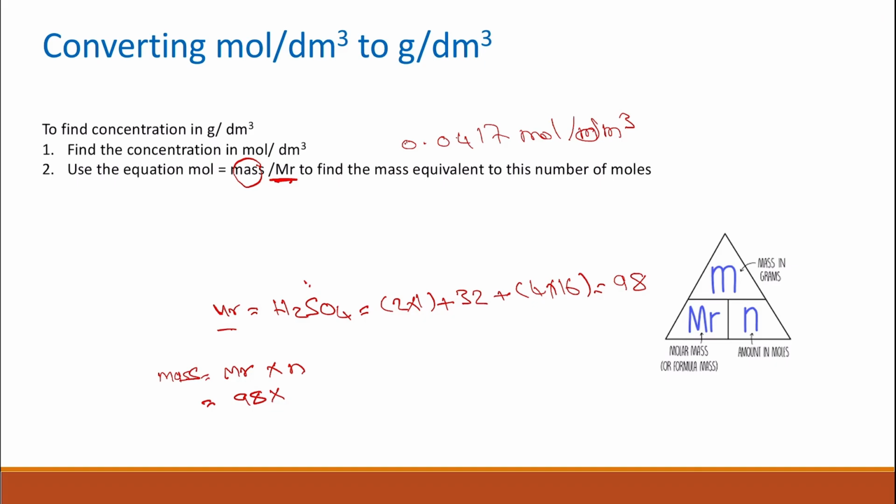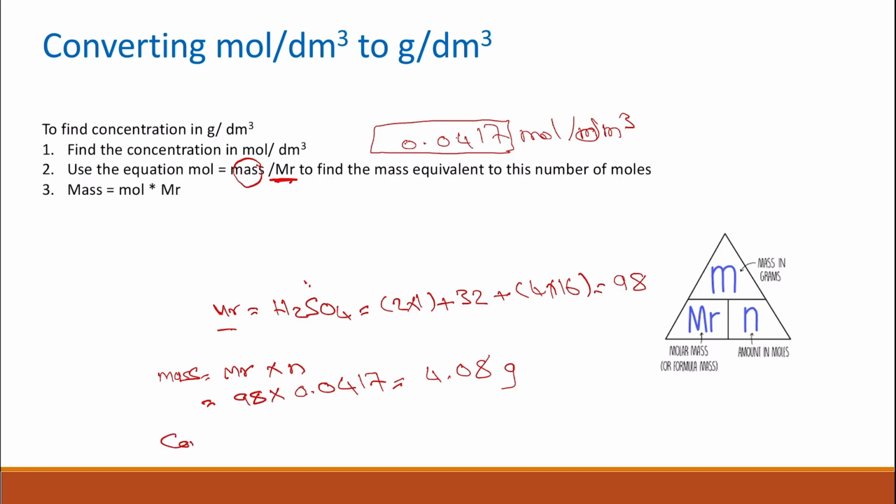So if the concentration is 0.0417 moles per decimeter cubed, then 1 decimeter cubed will contain this number of moles. So we put 0.0417, and that will give you 4.08 gram. So this is how many grams we actually have in 1 decimeter cubed.